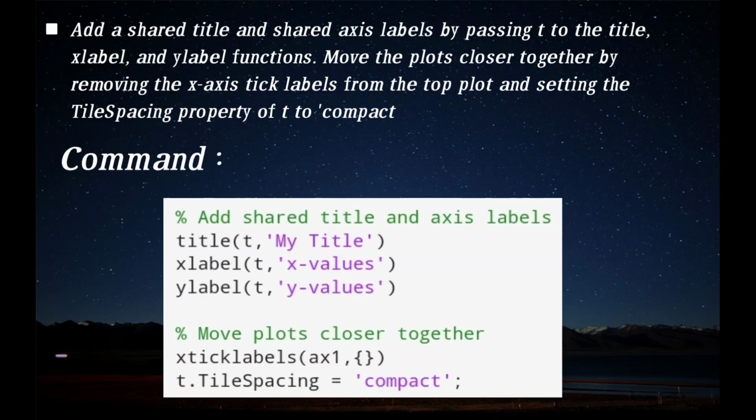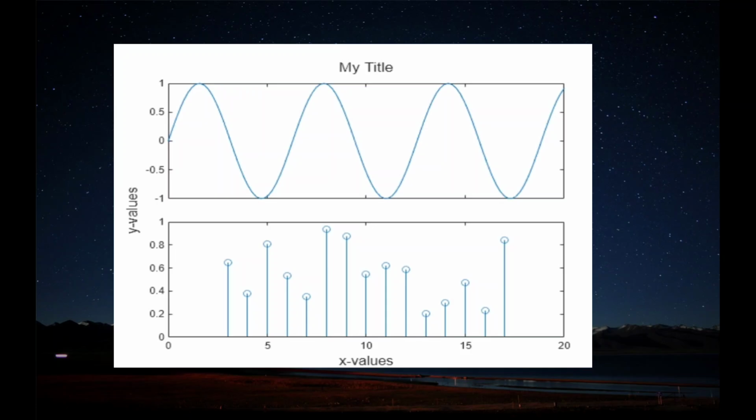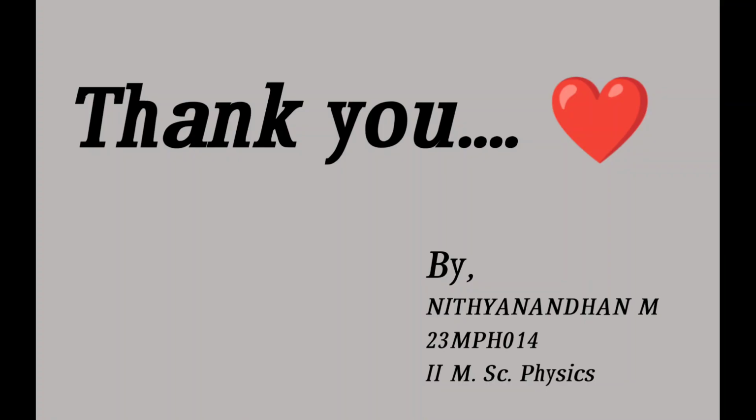Command: % Add shared title and x labels; title(t,'My Title'); xlabel(t,'X Values'); ylabel(t,'Y Values'). % Move plots closer together; xticklabels(ax1,{}); t.TileSpacing = 'compact'. This was the result. Thanking you.